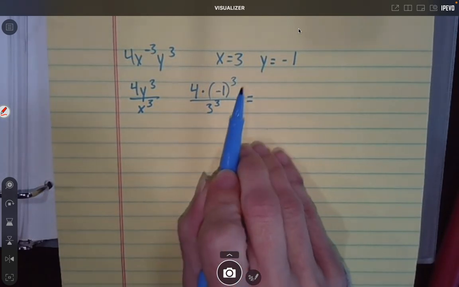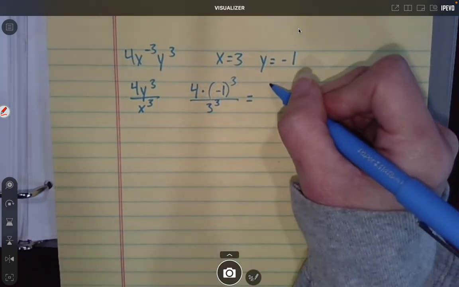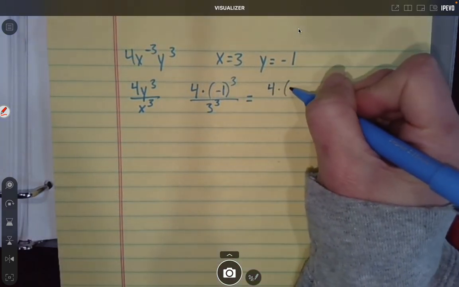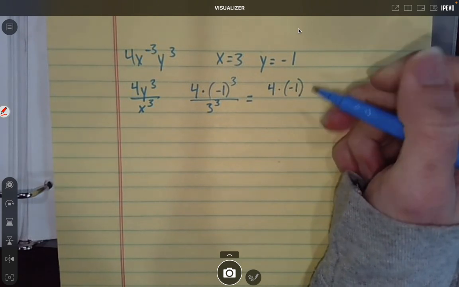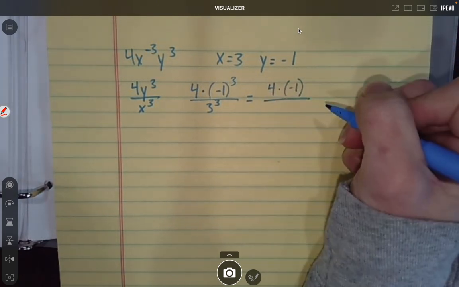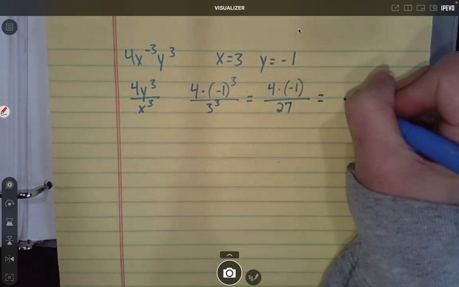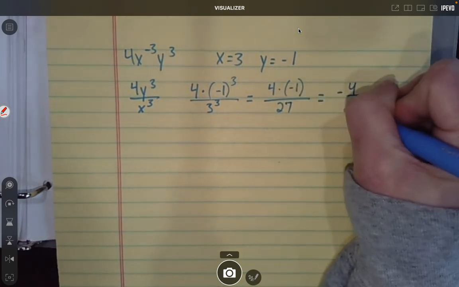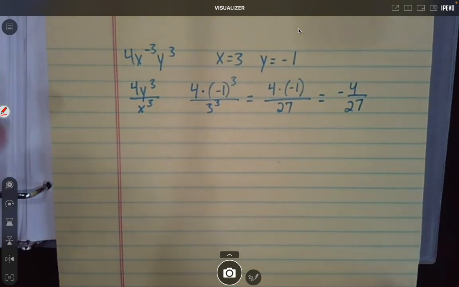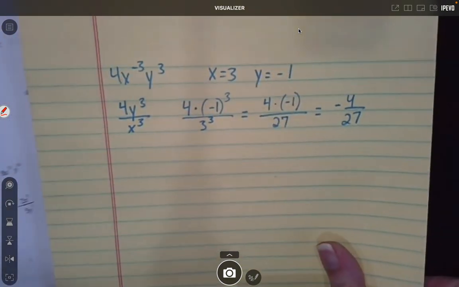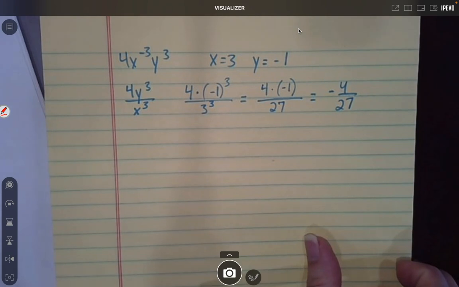Okay, what is negative 1 to the 3rd power? It's negative 1. And what's 3 to the 3rd power? 27. So I get negative 4 over 27. So that one was B. Number 5 is B.